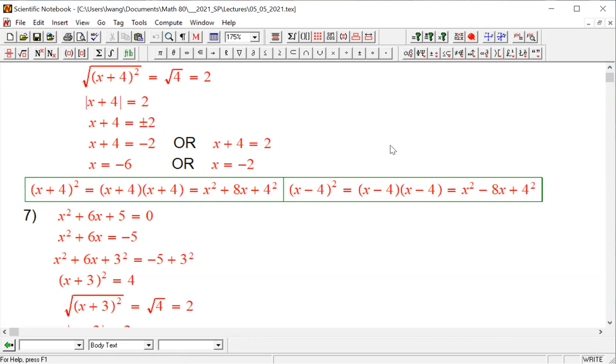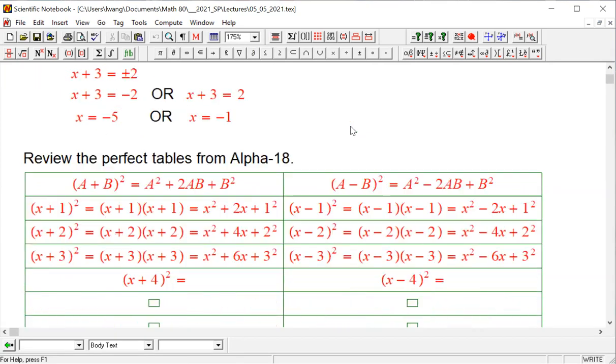Okay, and I think we're going to continue to do this. And this week, I will give you another quiz about perfect squares.